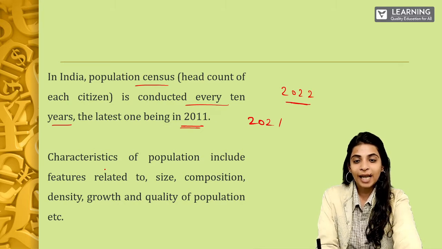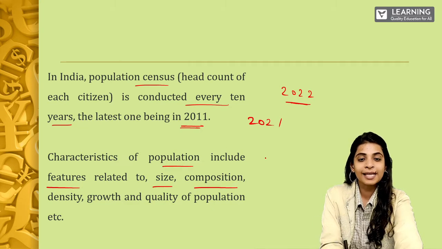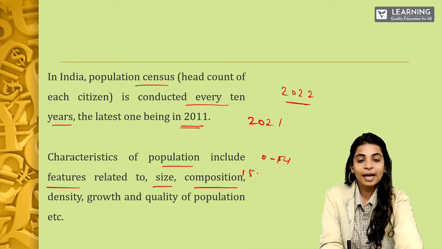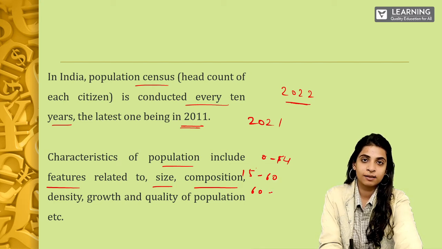All right. Now, characteristics of population include features related to size, composition. Size in the sense, how many children are there? How many 0 to 5 year age people are there in the country? Then how many adults are there till 60, and how many senior citizens are there?